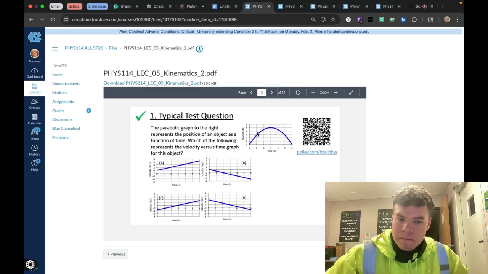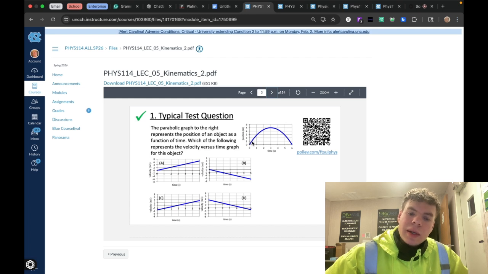Here we have an object that has a positive velocity because it's moving in the positive direction. It's going positive in meters, and then it is slowly slowing down.